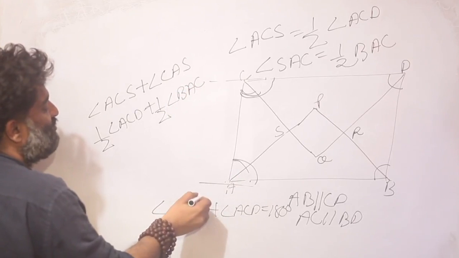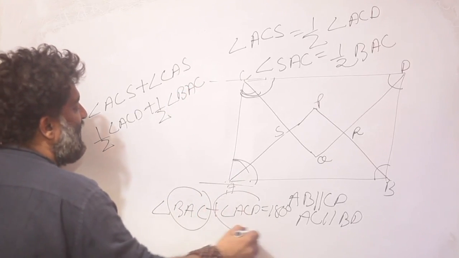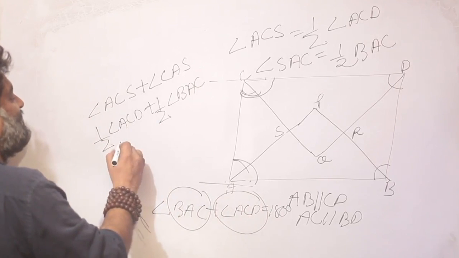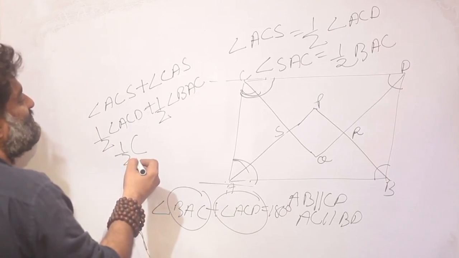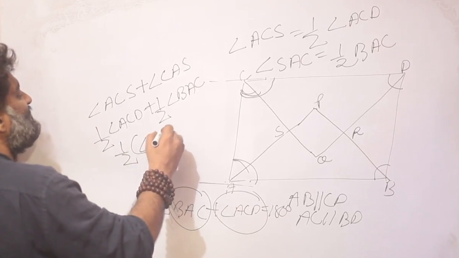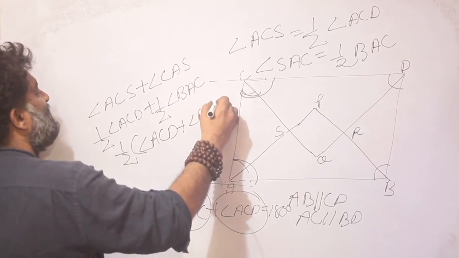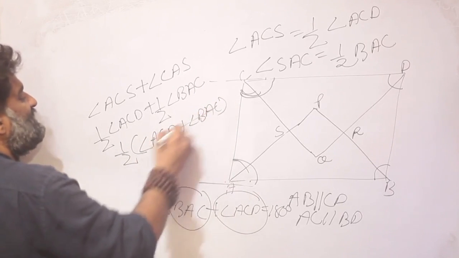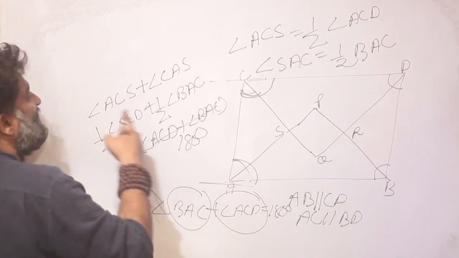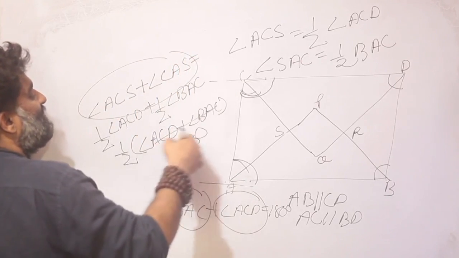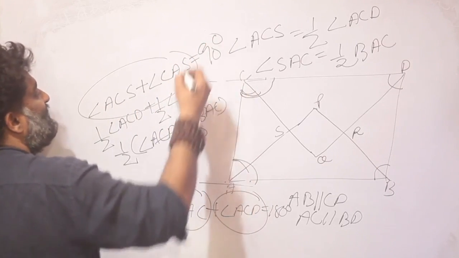And I just now saw that angle BAC and angle ACD give me 180 degrees. So if I take the half common out, just like we did in the previous question, I get angle ACD plus angle BAC, which I know to be 180 degrees. That means angle ACS plus angle CAS is half of 180 degrees, or 90 degrees.